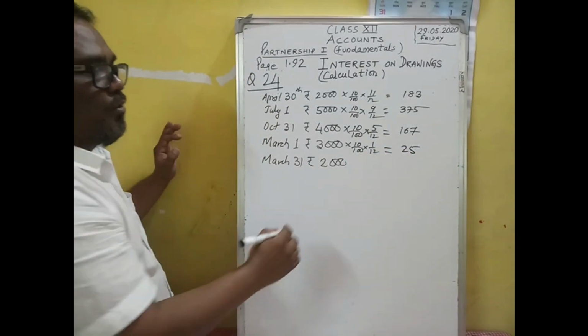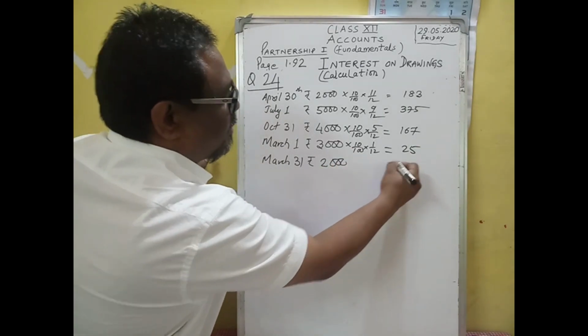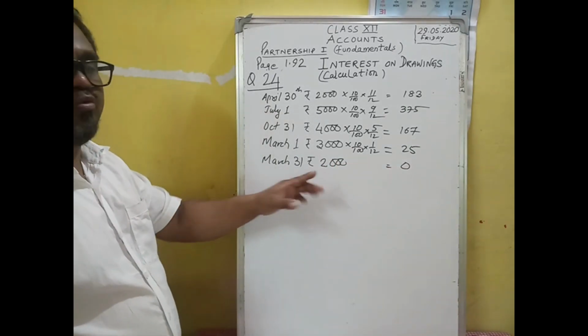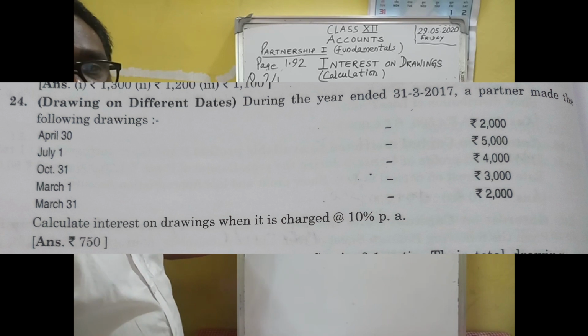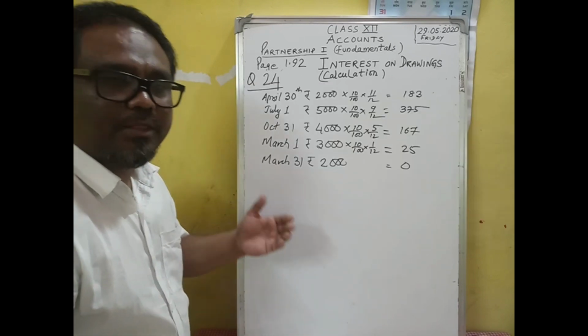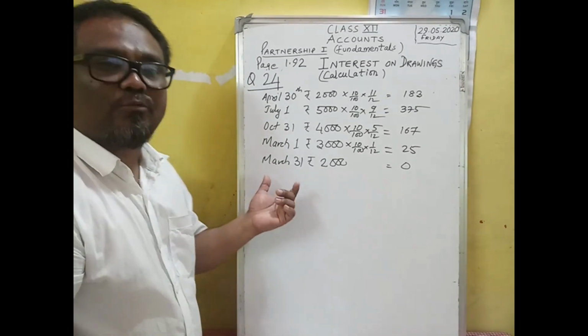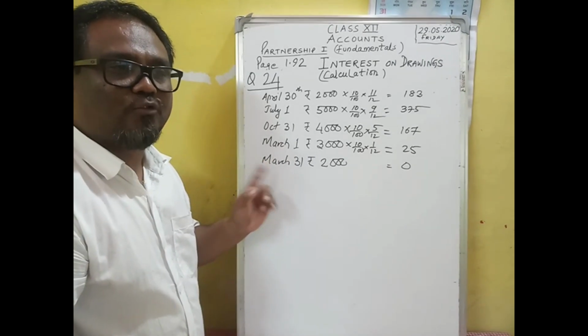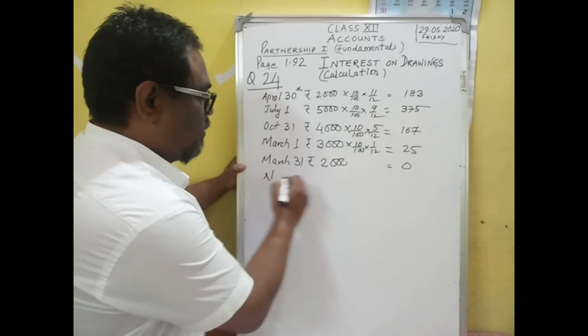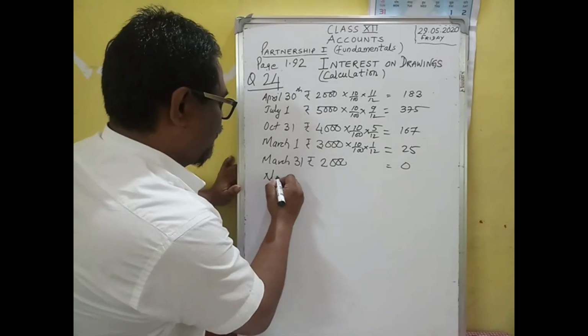And for 2000, zero. No interest is calculated on this because 2000 is withdrawn on 31st March. The year is also ending on 31st March. So from 31st March to 31st March, the period is 0 months, so no interest is calculated on the last date of drawing. So here, no interest.